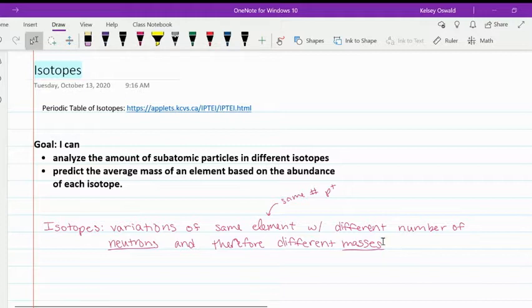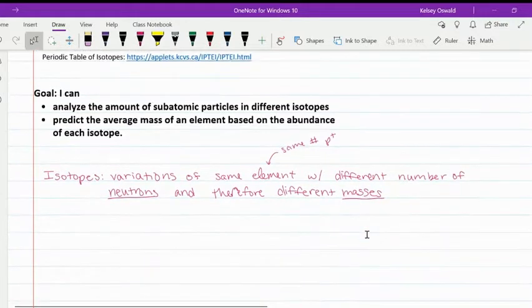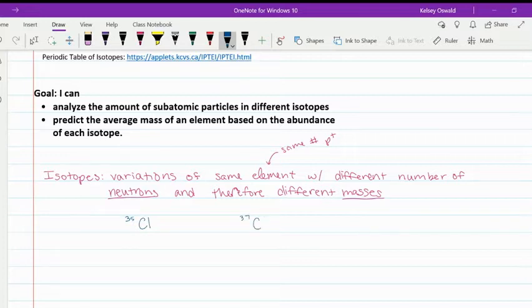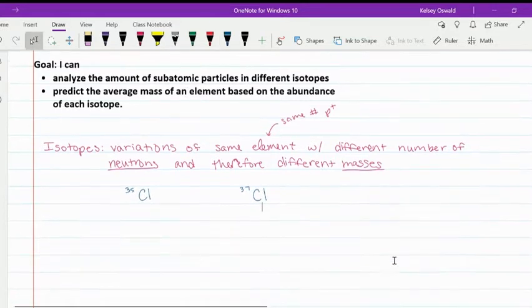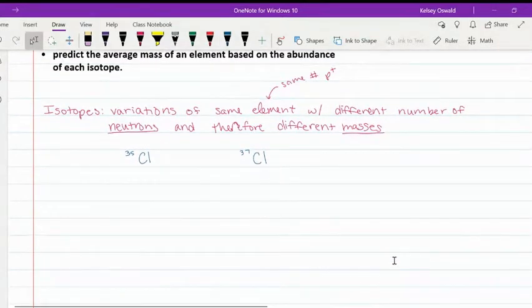We are going to look at an example of chlorine. Chlorine has two main isotopes, Cl35 and Cl37. Those numbers at the top left corner tell us the mass of each isotope.